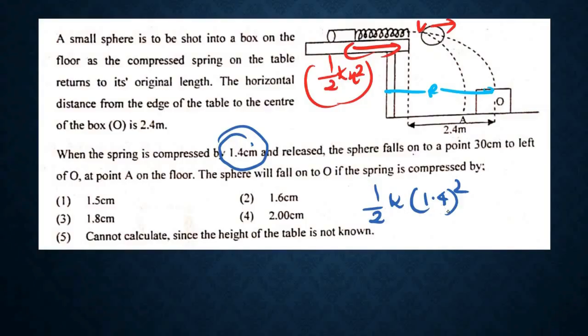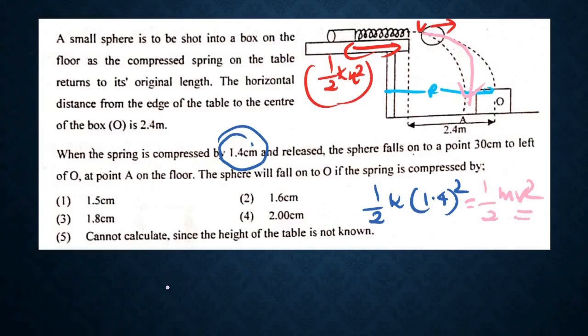Remember that we have to put it in meters, right? I'm just putting it in centimeters because when I'm dividing, it will cancel off. So that should be equal to half m v squared. So here it's projected with that velocity v, right?